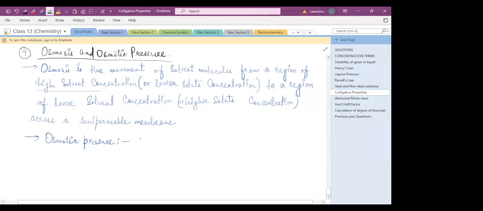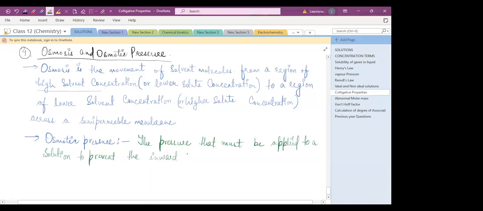So the pressure that must be applied to a solution to prevent the inward flow of solvent molecules across a semi-permeable membrane.